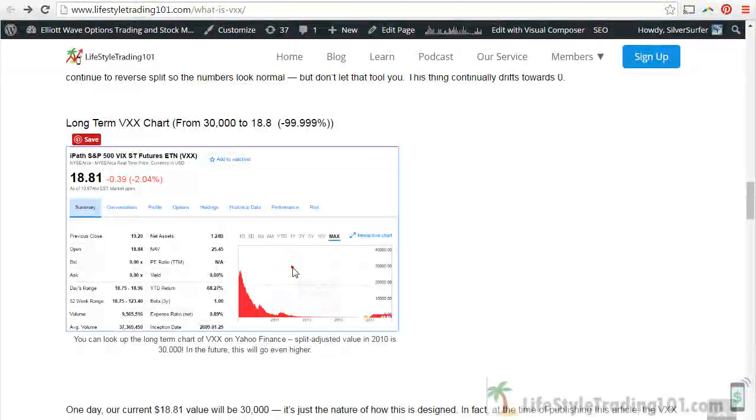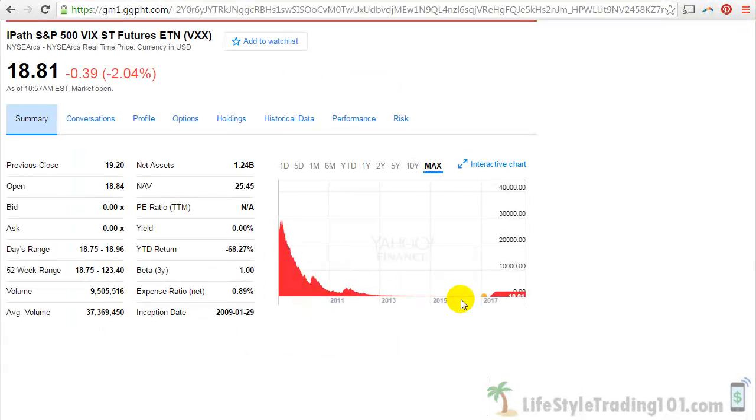looking at a multi-year chart from inception in 2009, 2010 all the way to 2017, this thing has gone down 99%, and every time they split adjust it such that the numbers are what you currently trade. On this screenshot it's 18, currently it's actually below 16, but they continually reverse split adjust this such that the numbers stay below 100.